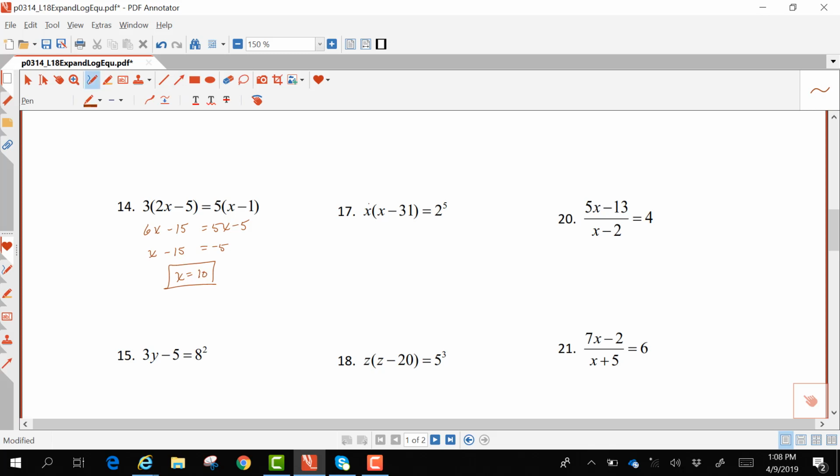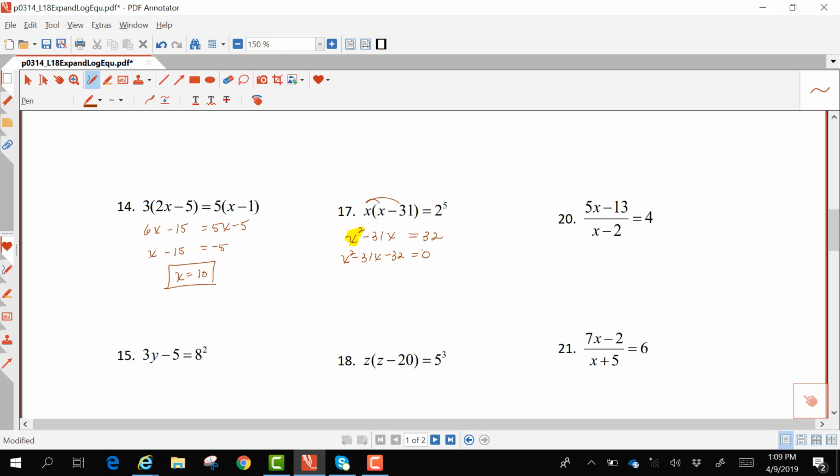Number 17, if I distribute this x, I would get x squared minus 31x, and 2 to the 5th power is 32. I have an x squared term. Once I have an x squared term, I am now a quadratic equation. So to solve a quadratic equation, I need to set this equation equal to 0 by subtracting the 32.